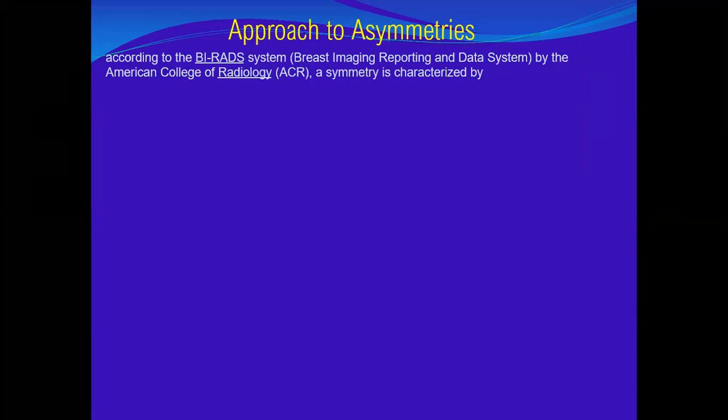So what is the approach to asymmetry? According to BI-RADS, we described before the systematic approach to evaluate the mass. What do you suggest for the evaluation of asymmetry? If it is seen in one projection only, we call it asymmetry.